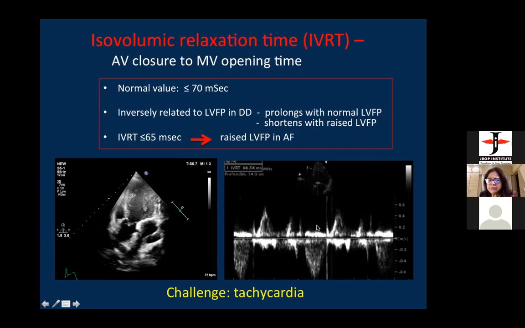The E wave begins somewhere here. This is the time of isovolumic relaxation of the ventricle. So we measure the time, IVRT, and it is 66.54 milliseconds.